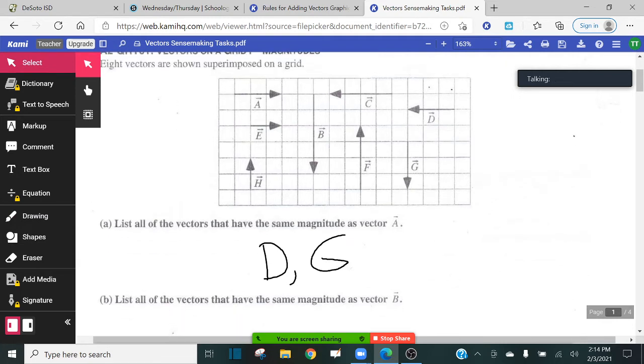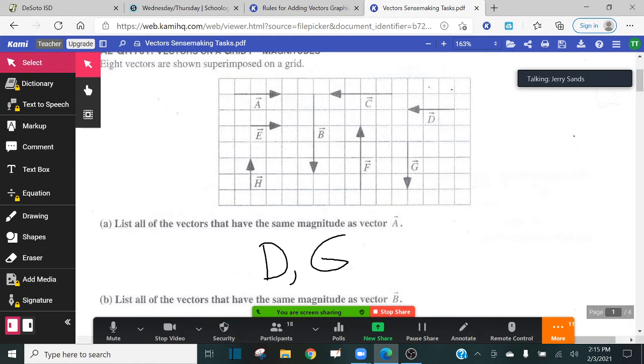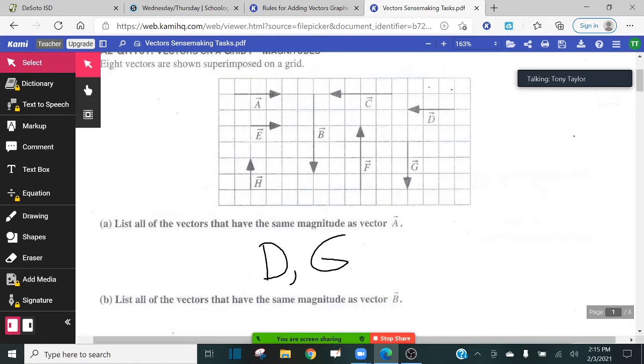All right, guys, look at 1B. List all the vectors that have the same magnitude as vector B. It's none like it. B's the only one. F is 4 and B is 5.